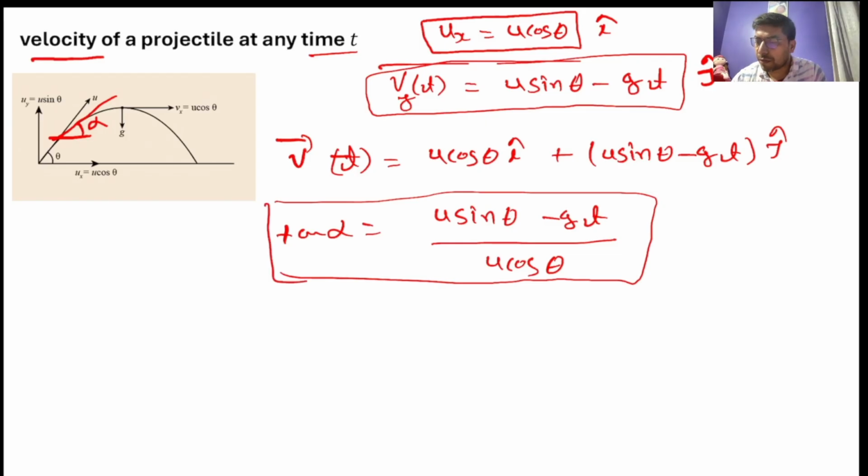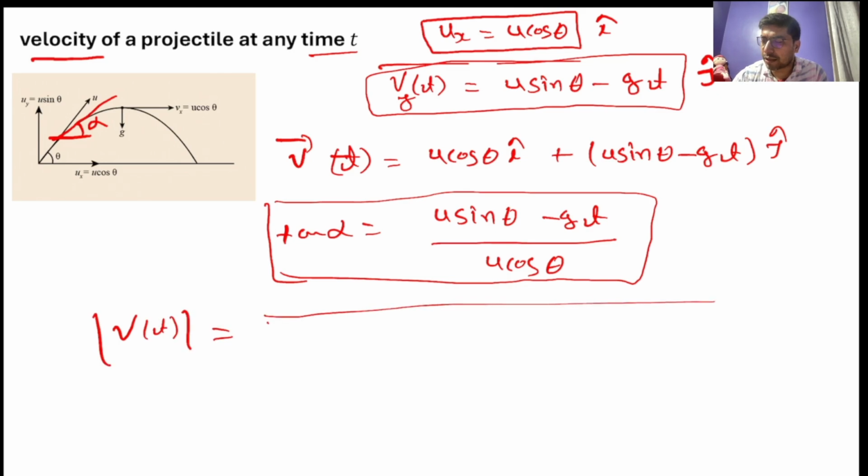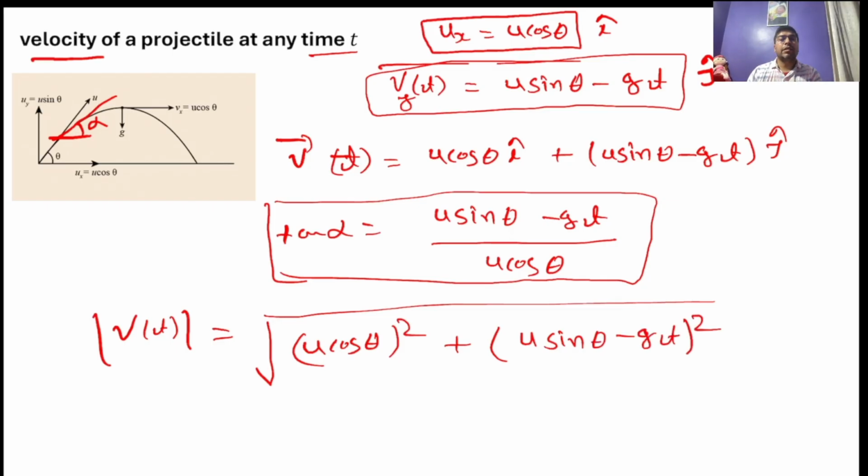And the magnitude of velocity at time t is the square root of (u cos theta) squared plus (u sine theta minus gt) squared. This is the magnitude of velocity at any time t. Clear?